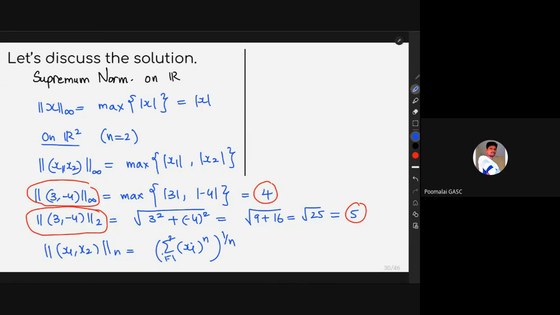That's what the definition is. So if you take n equal to 3, you add the cubes and then take the cube root of that. So that's the generalization in the norm definition.